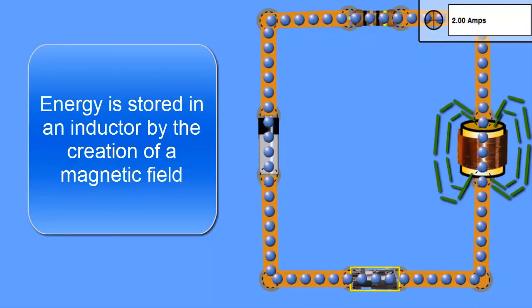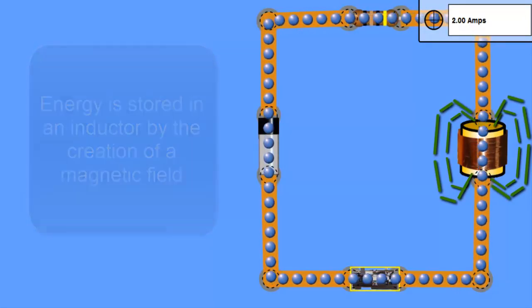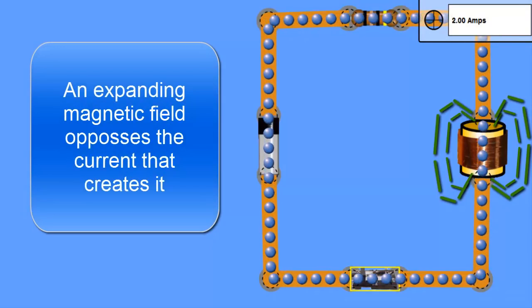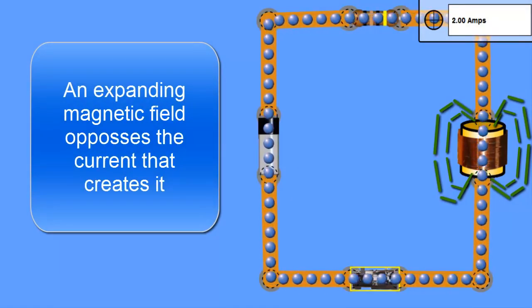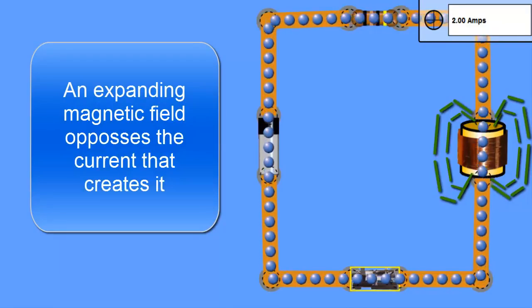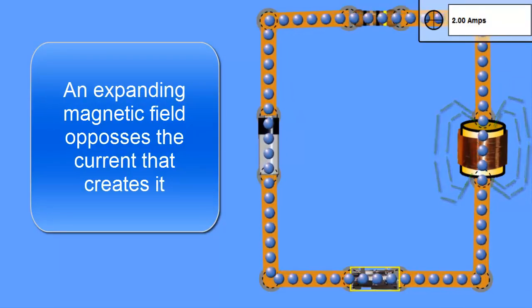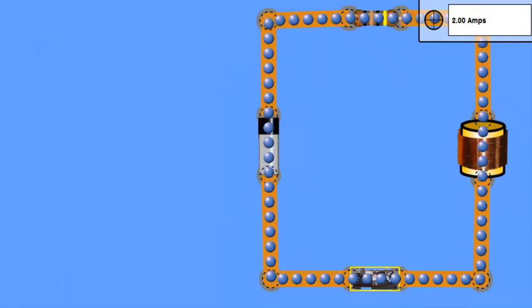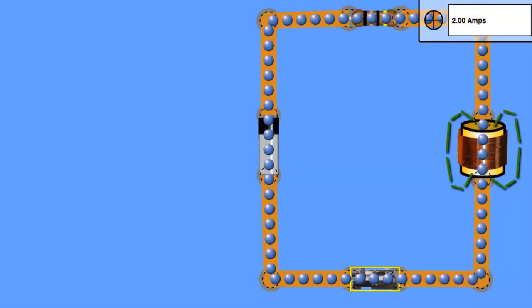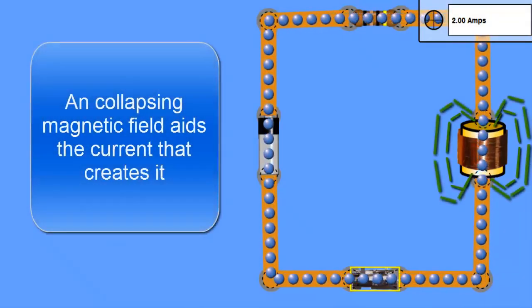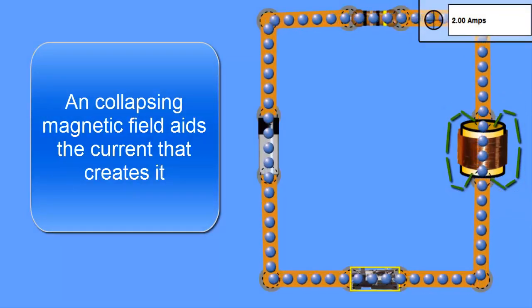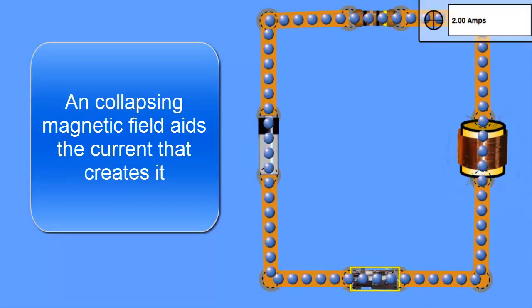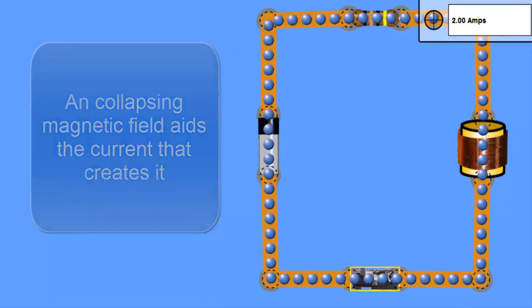It sort of opposes the current that's causing the magnetic field in the first place. The net result is we store energy in this magnetic field, and when the magnetic field is building, it's pushing against the current, and when it's collapsing, it's aiding the current, causing the current to continue to flow in the same direction it was going before.